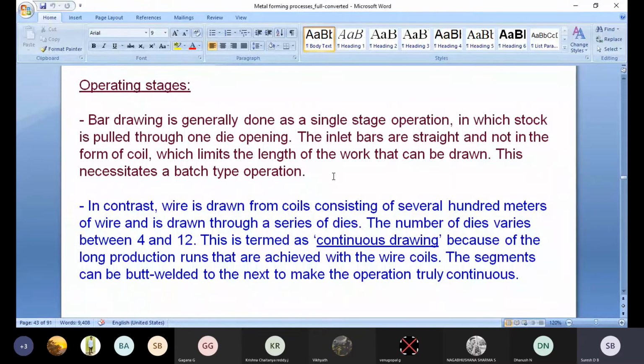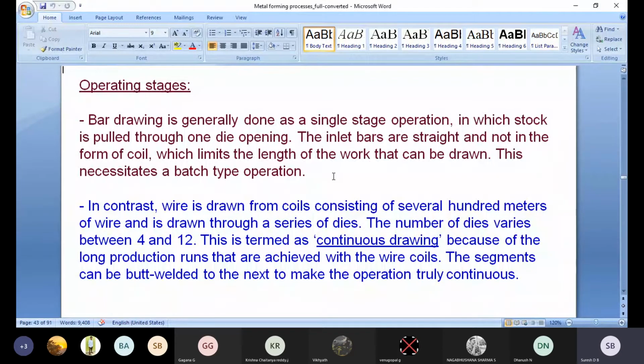Wires can be wound easily on any circular bars. But bars are very difficult to form into coils, because the diameter of the bar and rod is very large, so it is very difficult to bend them. But wires can bend easily because they are lesser in diameter.